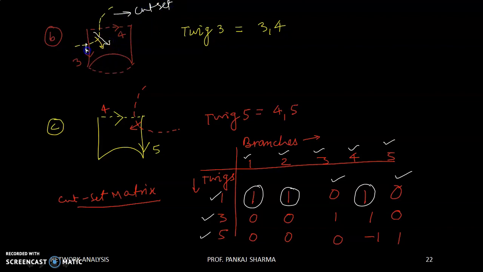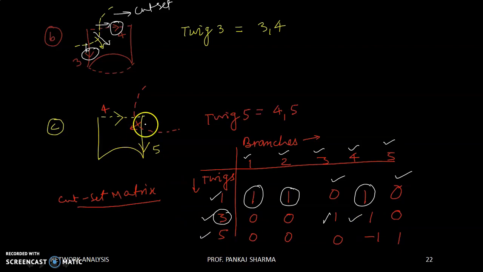So corresponding to twig 3, this cut set has cut only branch number 4 and branch number 3. So it is 1 and 1, and the direction is actually supporting, the orientation is the same, so it is +1, +1.